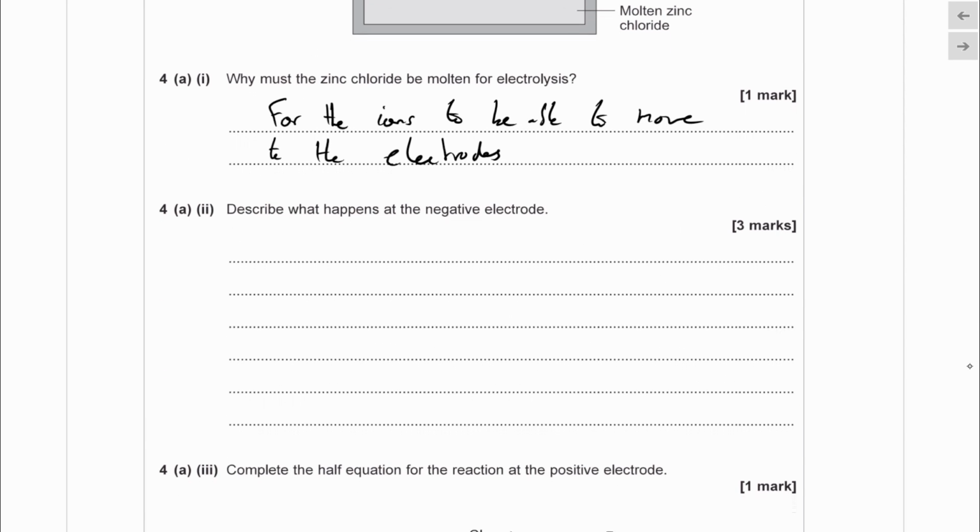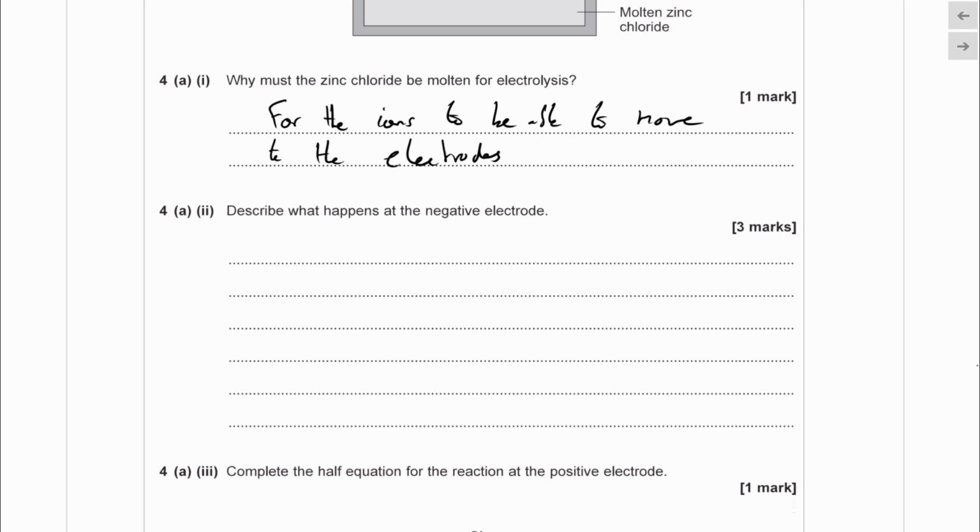Alright, so A part 2, it says describe what happens at the negative electrode. So, at the negative electrode, obviously we're going to be attracting positive ions. And so if we have zinc chloride, that is obviously going to form zinc ions and chloride ions, right? So I'll put a plus there.